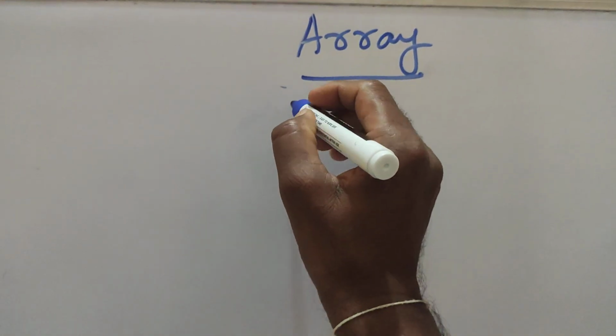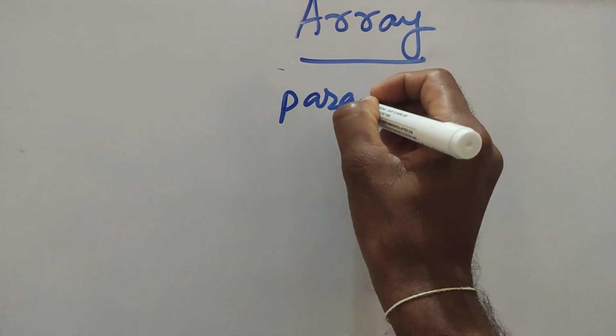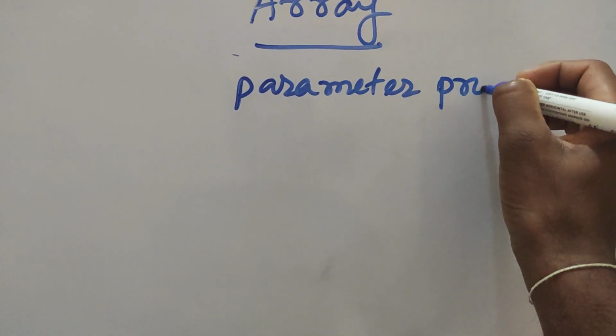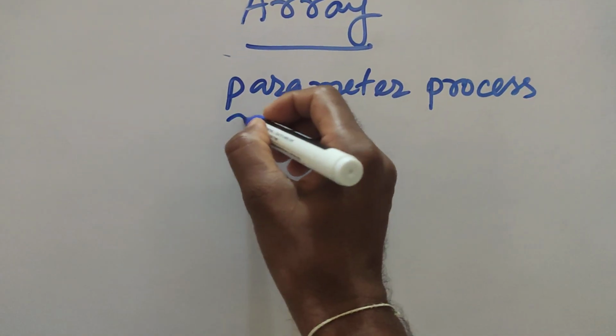is the parameter process. To declare the array variable by using parameter process.